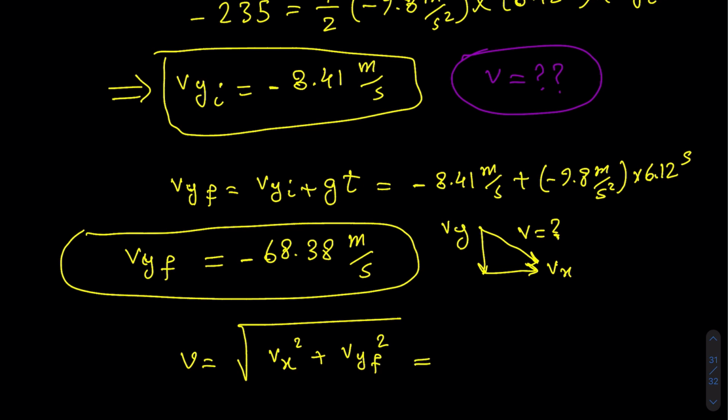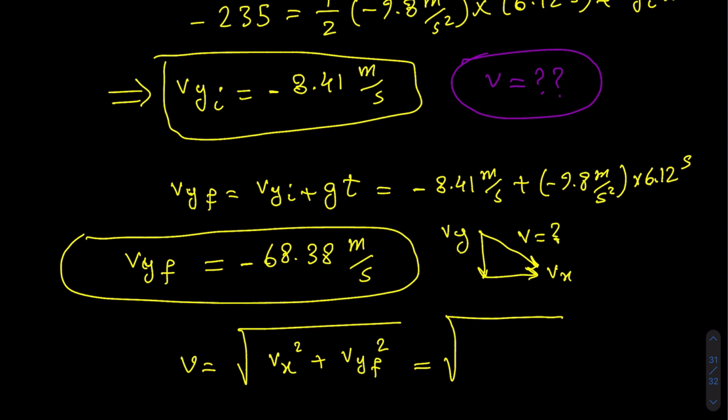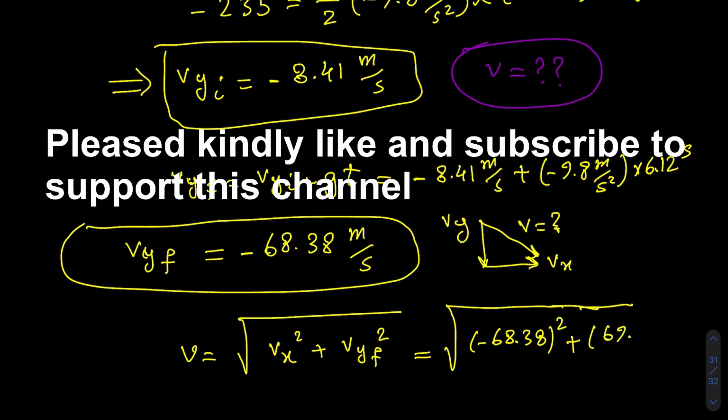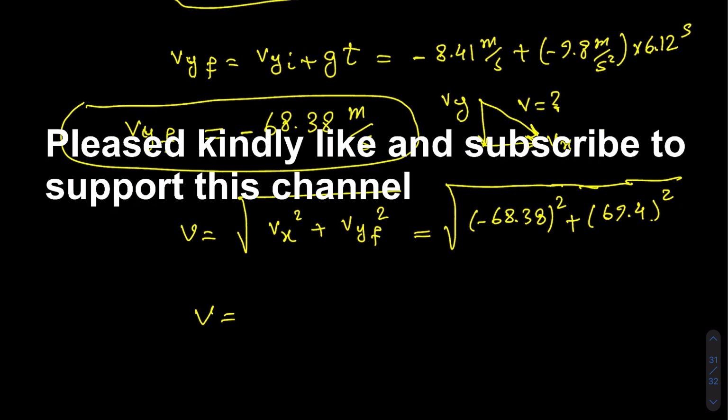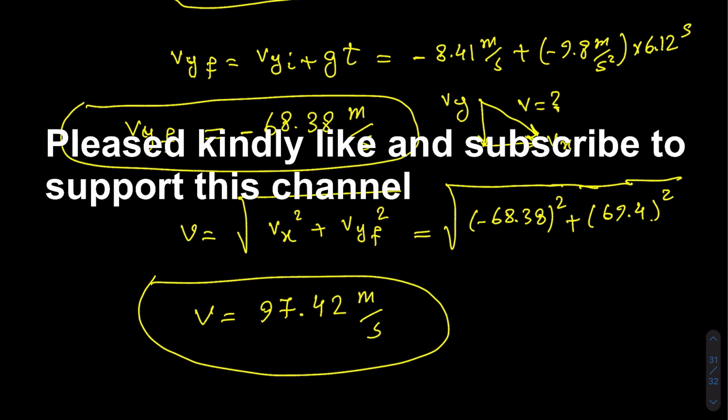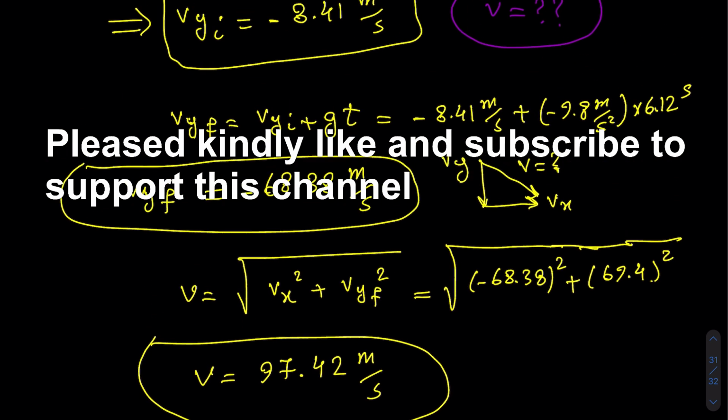It is equal to negative 68.38 to the power of 2 plus 69.4 to the power of 2. Okay, and the answer V will be equal to 97.42 meters per second. This is the final answer for this problem.